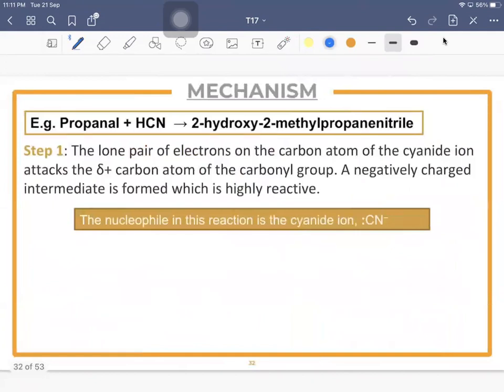The first step is to have my propanol ready. I think I'll end up drawing everything on the same slide. So propanol means I have a C double bond O, that's the most important thing. And then I have CH2, CH3. So that's propanol.